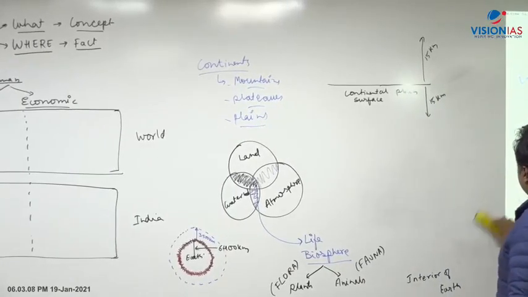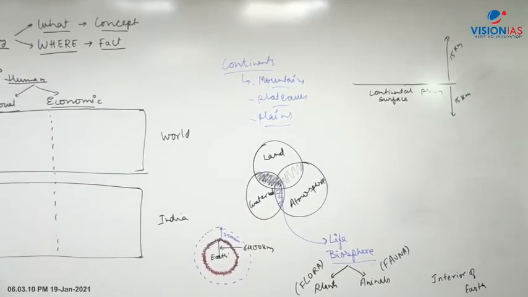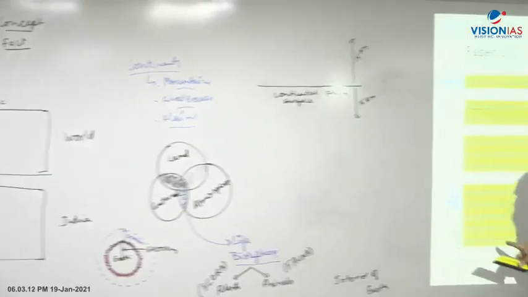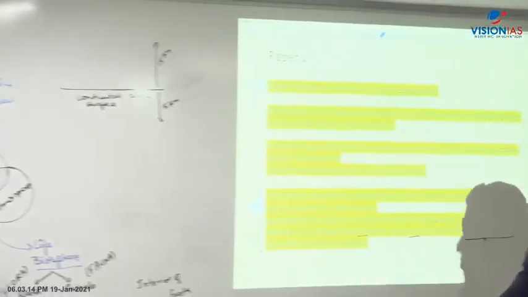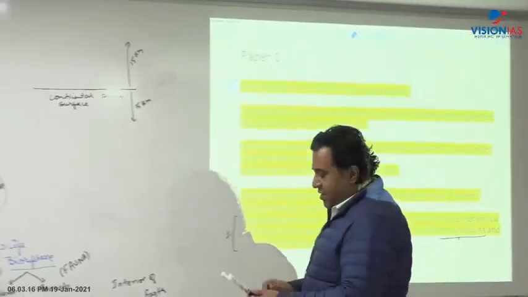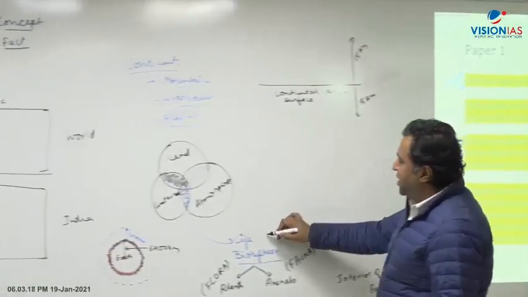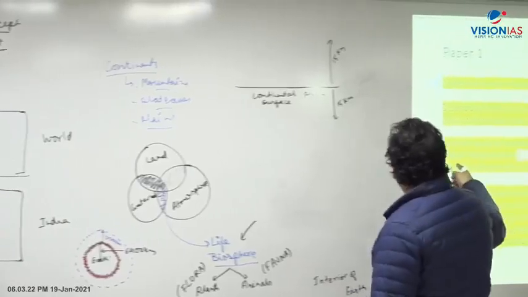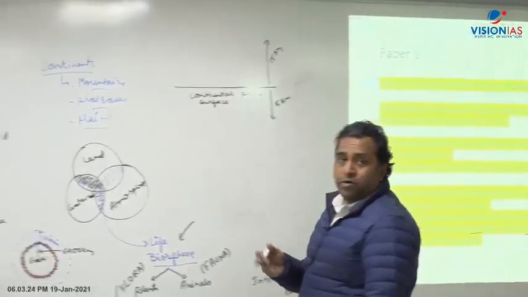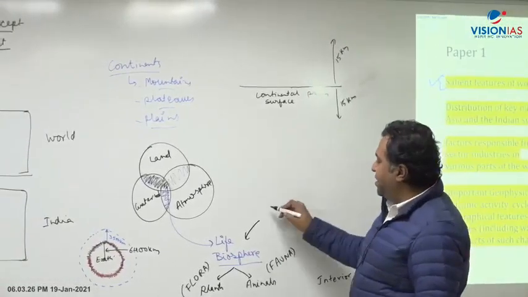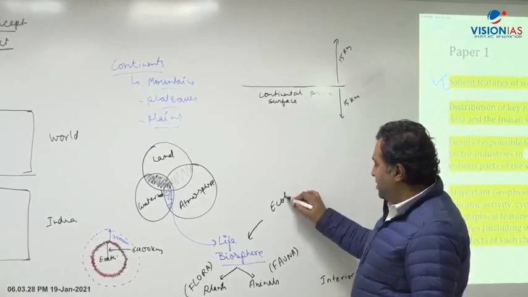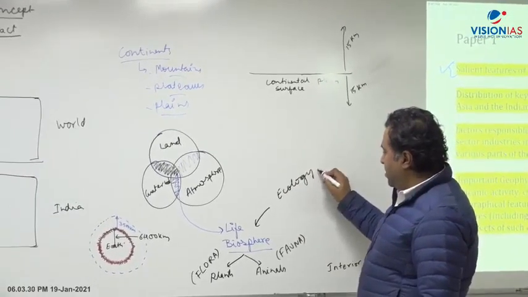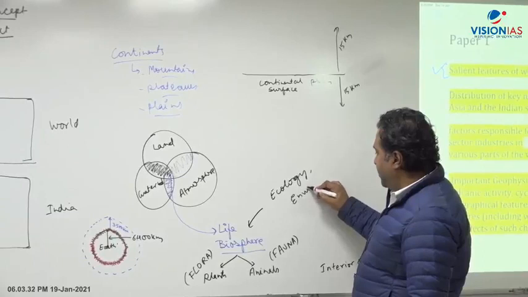Okay? Good. Can I assume that we understand this part of the syllabus, the flora and fauna part also? When you talk of this biosphere, this is where your ecology, environment and biodiversity come in. That part of the syllabus, the prelims, what you call ecology, environment.